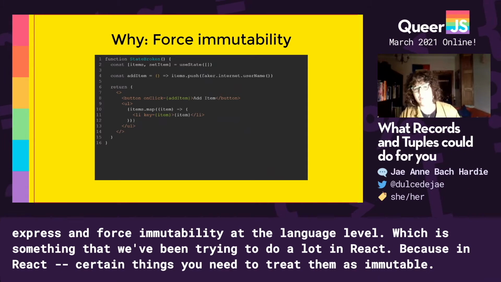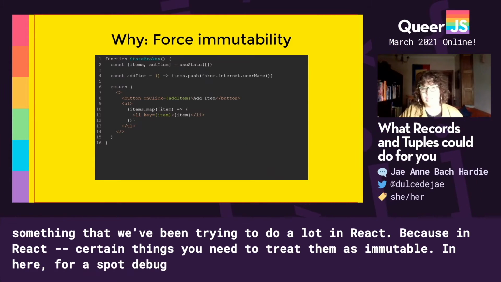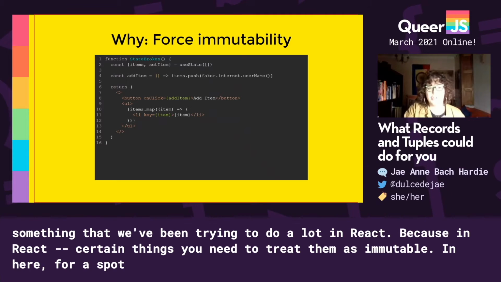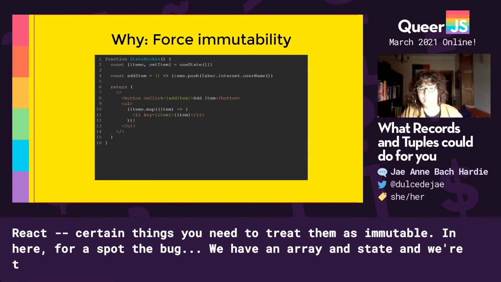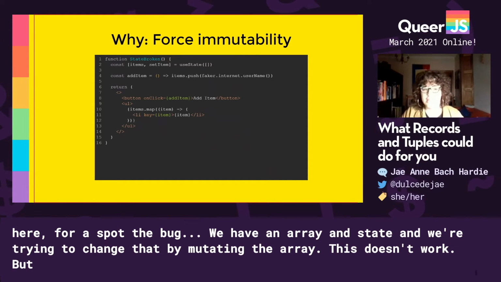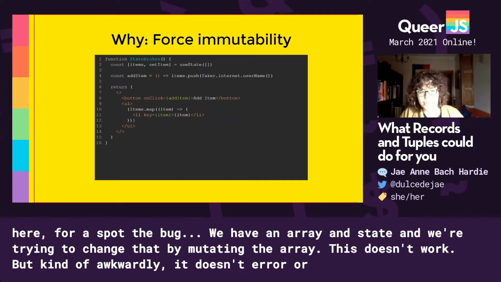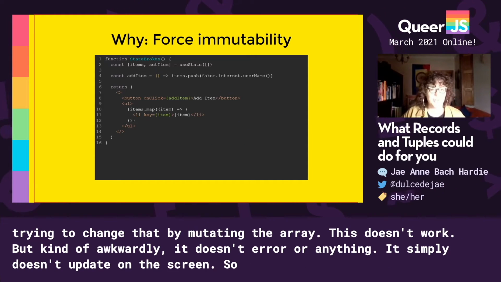And here this is a bit of a spot debug. We have an array in state, and we're trying to change that by mutating the array. This doesn't work, but kind of awkwardly, it doesn't error or anything. It simply doesn't update on the screen. So it's kind of a difficult thing to work with.